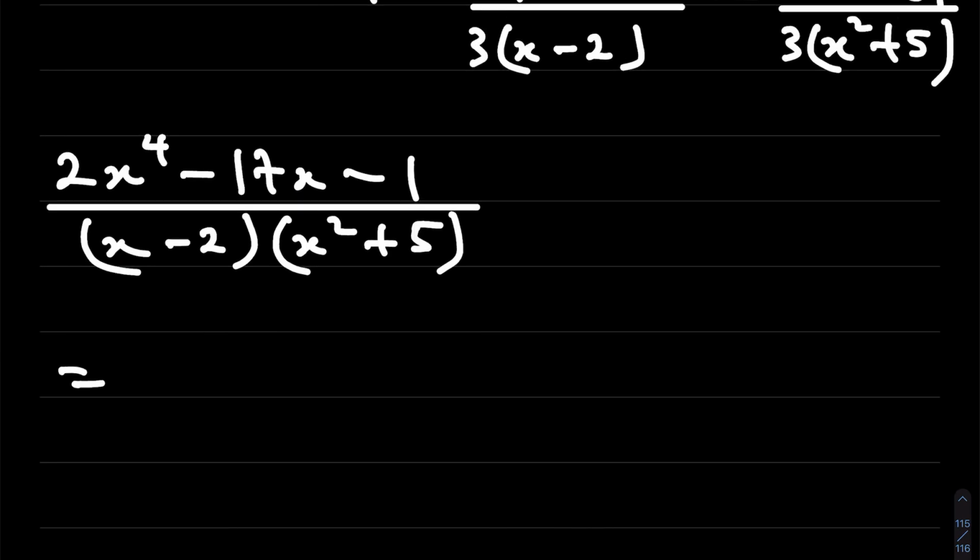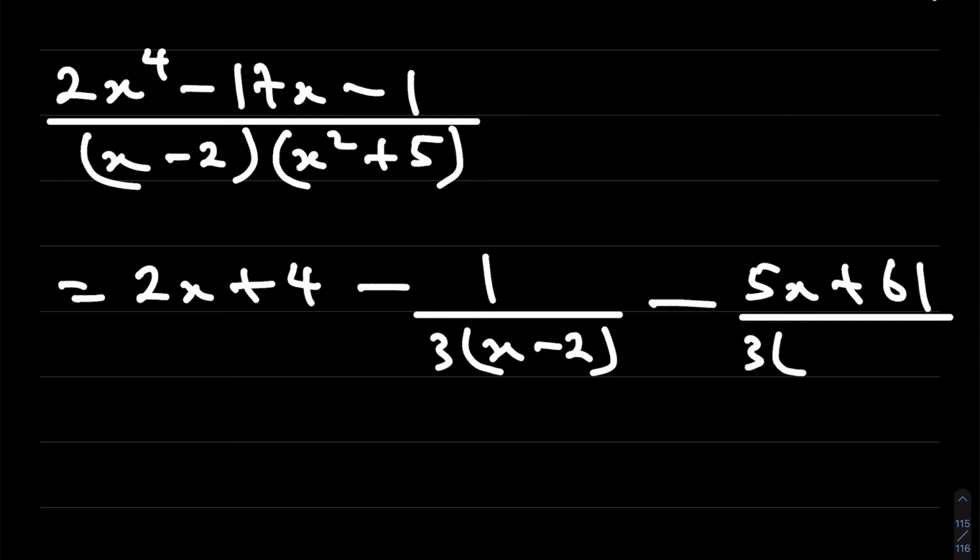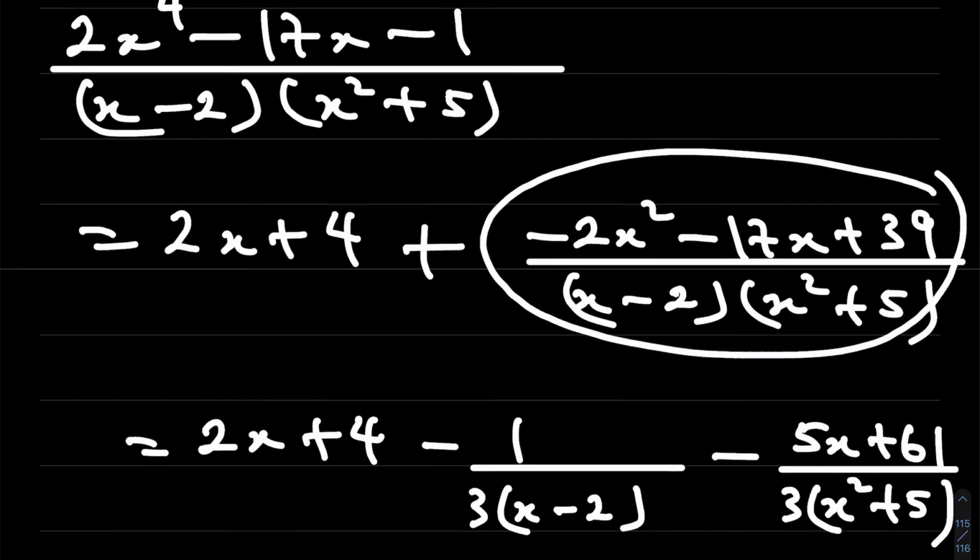Equals 2x plus 4 minus 1 over 3 times x minus 2 minus 5x plus 61 all over 3 into bracket x squared plus 5. And that's it, very simply.